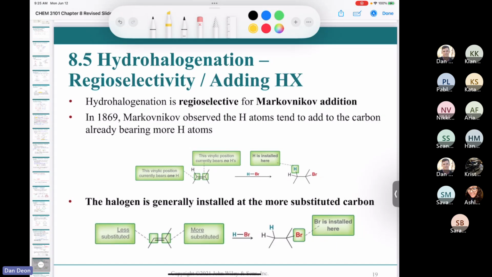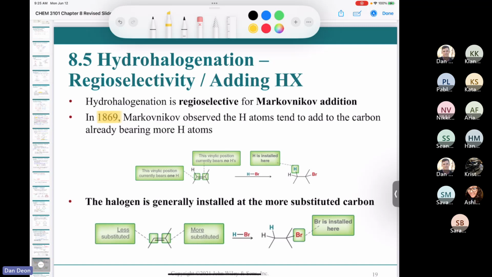And you can see that organic chemists have known this for a long time. Markovnikov, I think he was a man of many interests. I think he was an organic chemist and a lawyer and like a shoe repairman or something like that. He could fix your shoes, draft your will, and do some experiments for you all in the same afternoon. Anyhow, very interesting guy.